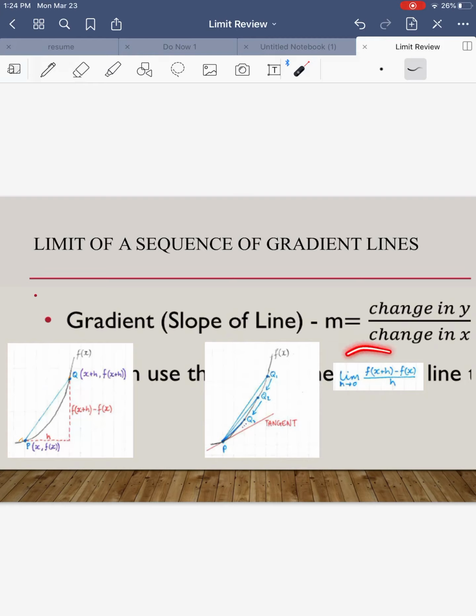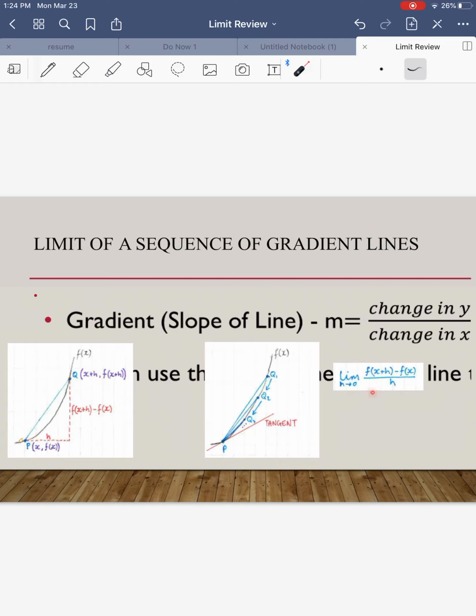And so we come up with this definition of a limit, because we want to find the tangent line. Remember, a tangent line touches the curve at exactly one point. And so we want to find that tangent line at one particular point. And so we continue to make h get closer and closer to being 0, the difference in between those 2 points.